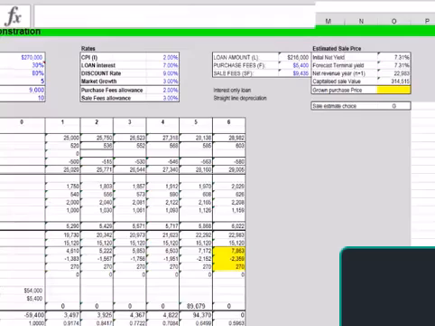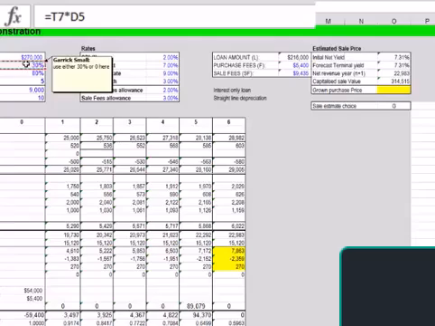And one more wrinkle here, a little unexpected thing, is that the lovely thing about earning or paying tax on capital gain is that you only pay it at half the tax rate. So here I take the $29,000, I multiply it by the tax rate, and then I divide by 2.